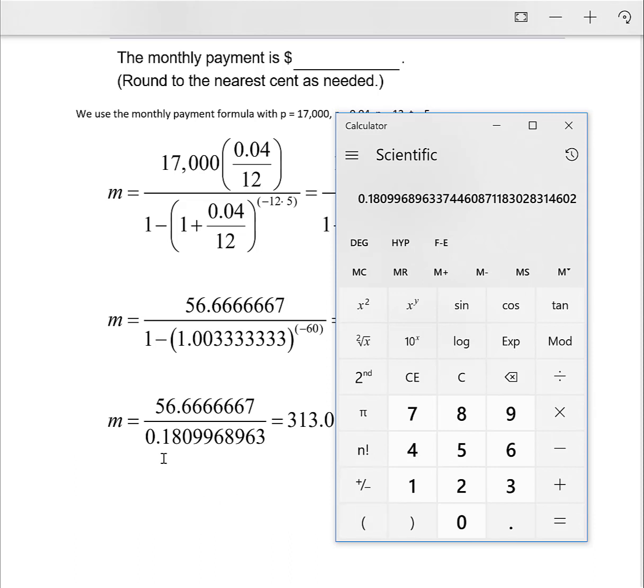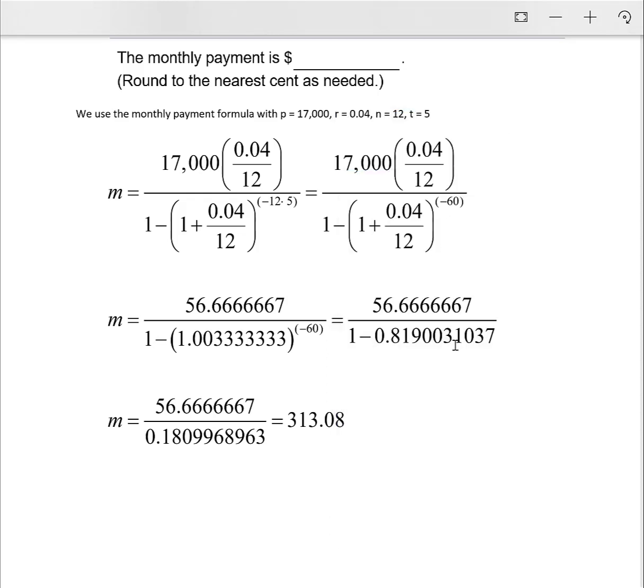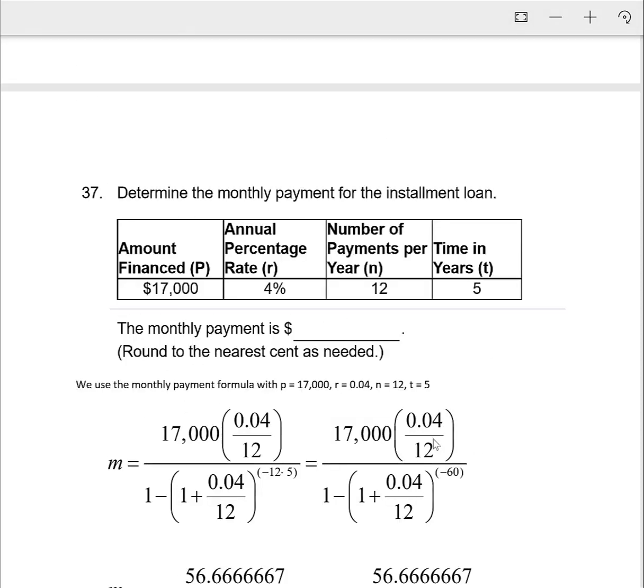And that's where I got the 0.18099, etc. right there. I'm going to put that into storage. And then I'm going to put in my numerator, 56.6666667 divided by memory recall. And so I come up with 313.08. So that's my monthly payment on that particular mortgage.